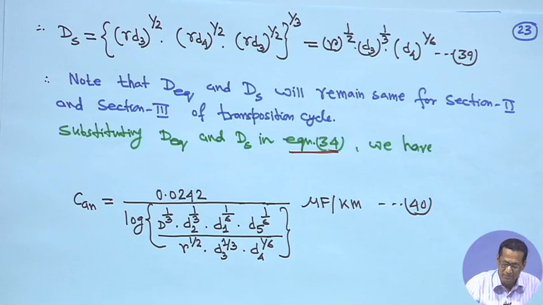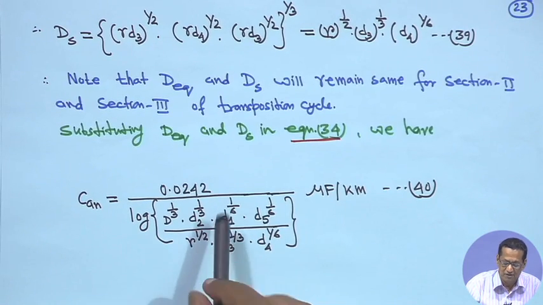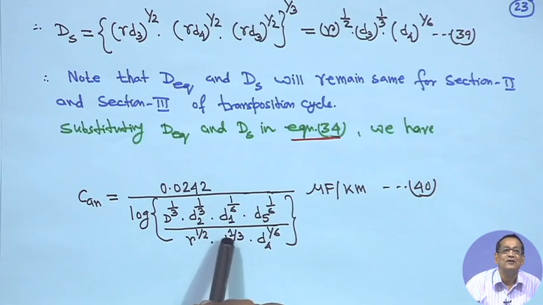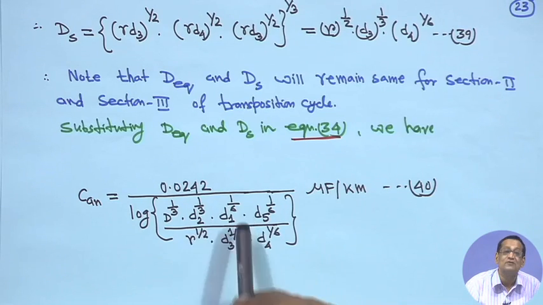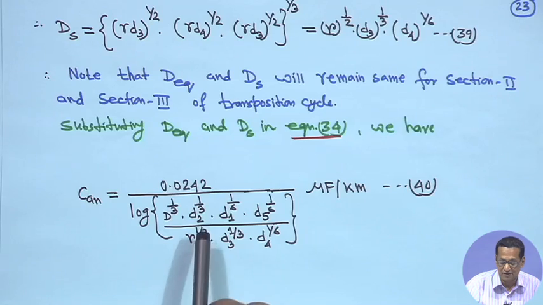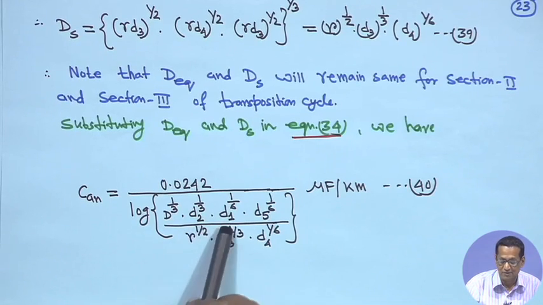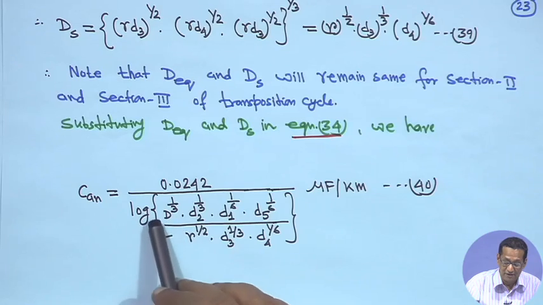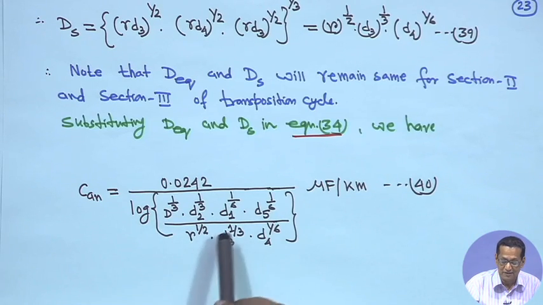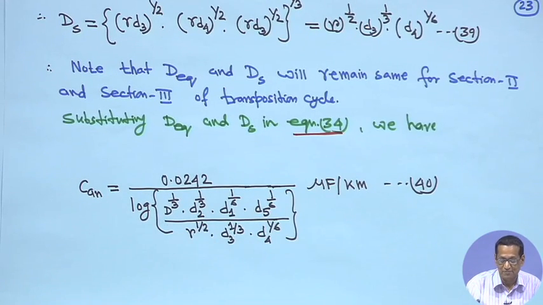You need not remember anything, because it is almost impossible to remember. All this D1, D2, the way it has been taken, you can take a different way, and different terminology, different nomenclature will come here. So, better is that you derive it, and then you find out the value of this capacitance, right.